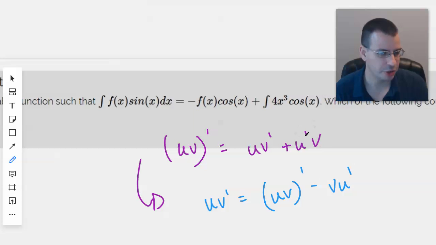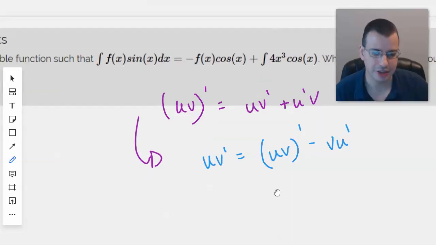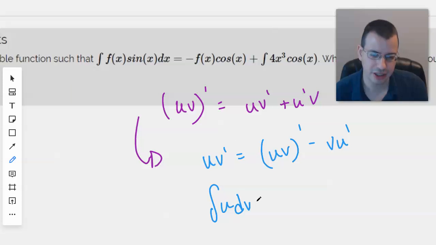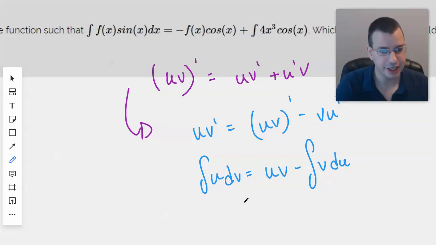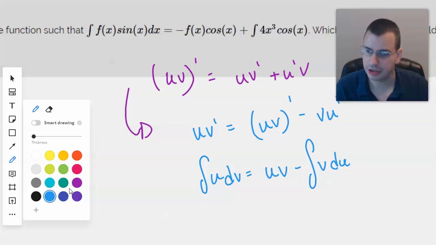I moved that over to that side. It's okay, you can do that. Integrate everything and you get the integral of u dv equals uv minus the integral of v du. And this is integration by parts.